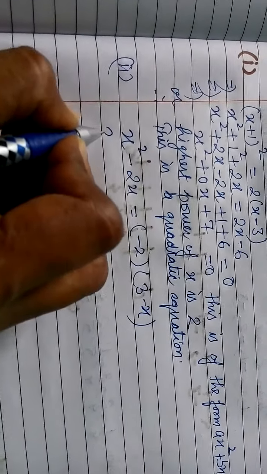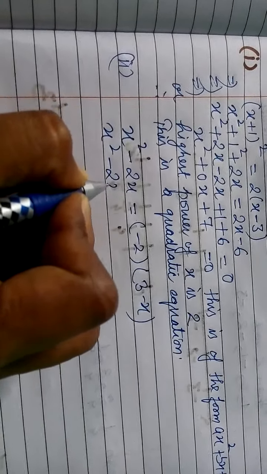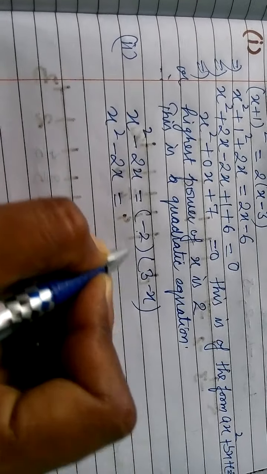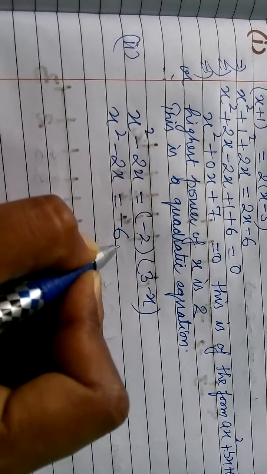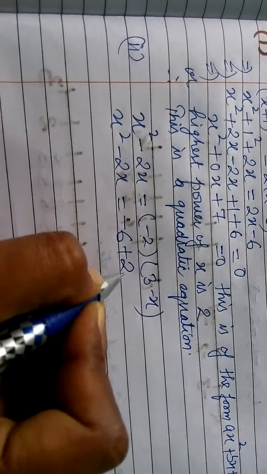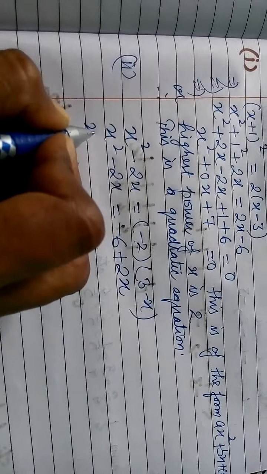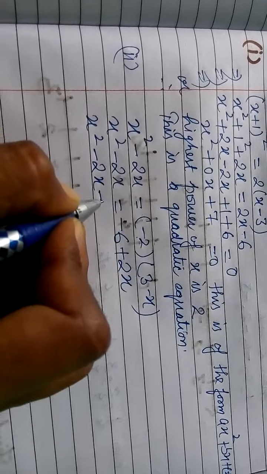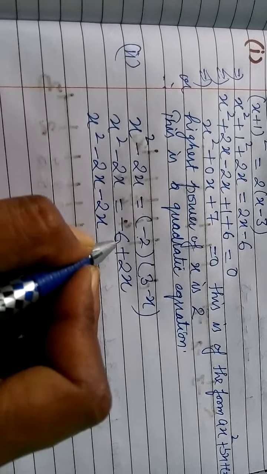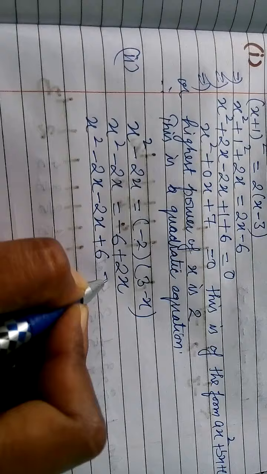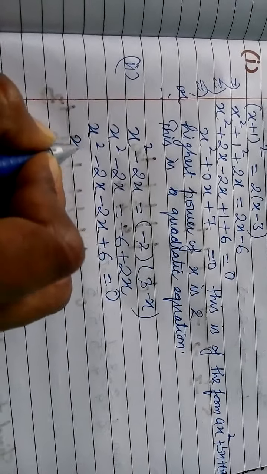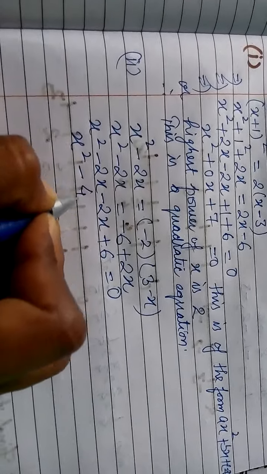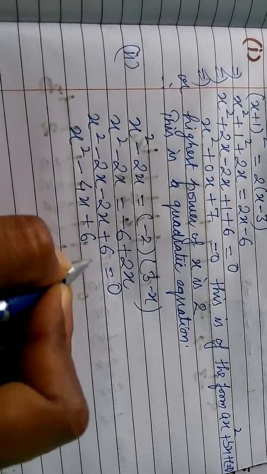So x square minus 2x is equal to minus 2 into 3, you'll get minus 6, and minus into minus will turn into plus 2x. Take this 2x to this side and it will turn into minus, and this minus will turn positive, and you'll get 0, which will be further equal to x square minus 4x plus 6 is equal to 0.